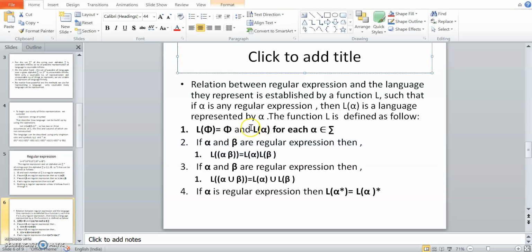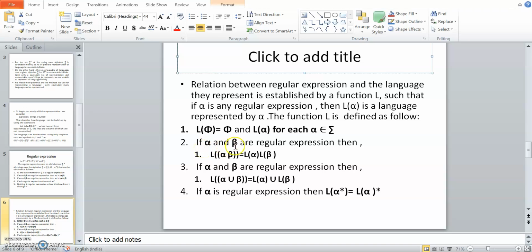And L of alpha for each alpha belonging to the alphabet set is also one language. For example, if your alphabet set is 0, 1 and you say the language over 1, the output is again only a single 1.